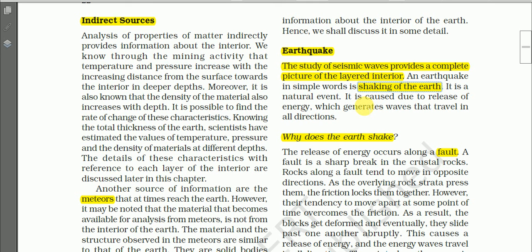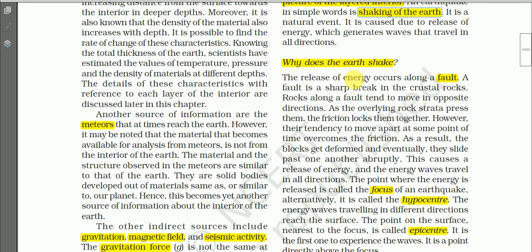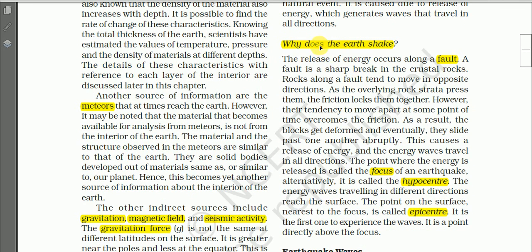I think all of you might have experienced earthquakes. So an earthquake refers to the shaking of the earth's surface. If we study these earthquake waves, we can have a complete picture of the layered structure of the earth. Now let us see why the earth shakes, that means how an earthquake occurs.